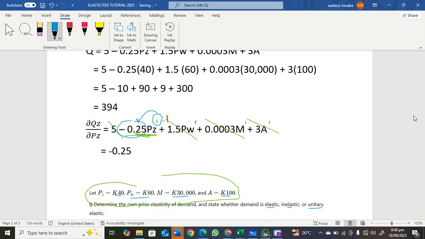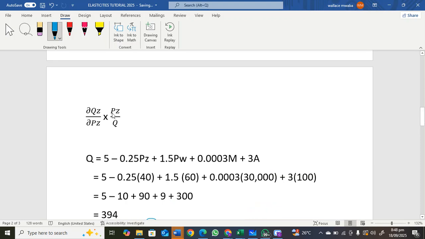Yes. So now we can calculate the price elasticity. As I said, it's just a two-step process, okay, colleagues? Find Q. Once you find Q, derive. Okay.